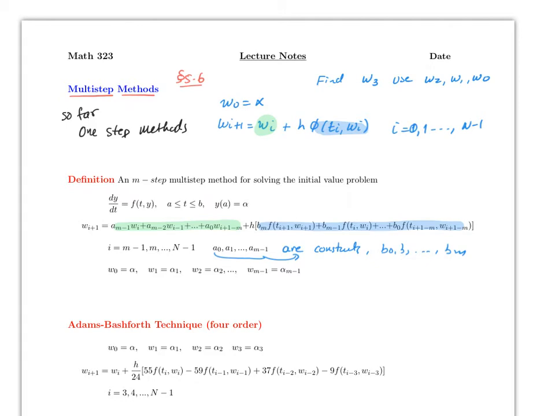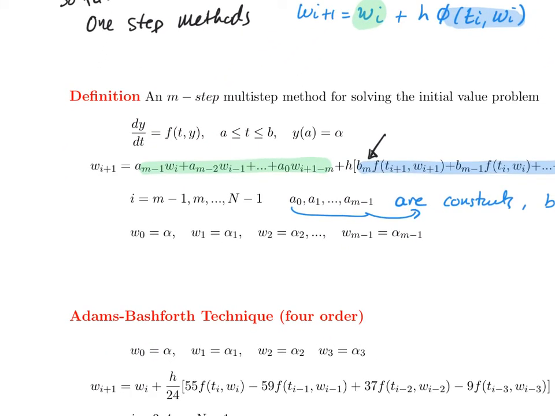If b_m, which is this value right here, is equal to 0, then this method, the multi-step method, is called explicit. And explicit means the w_{i+1} is only on one side of the equation.